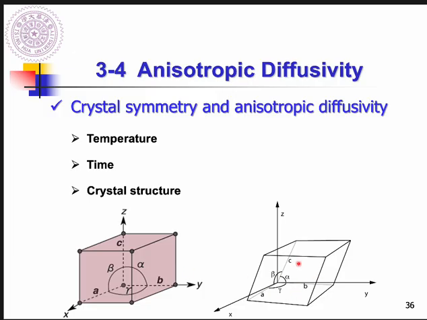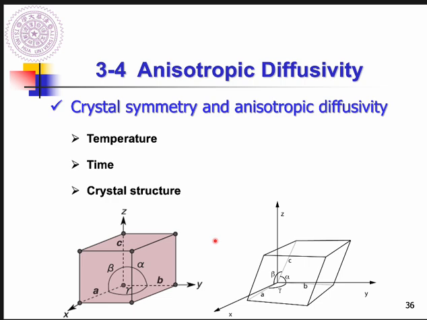But for the other case, probably it would be the triclinic case, where alpha, beta, and gamma do not equal 90 degrees. In this case, we just want to highlight that the crystal structure will significantly affect the diffusivity.